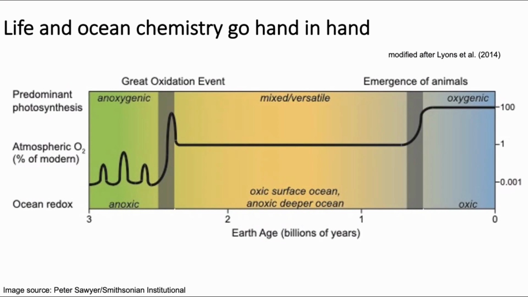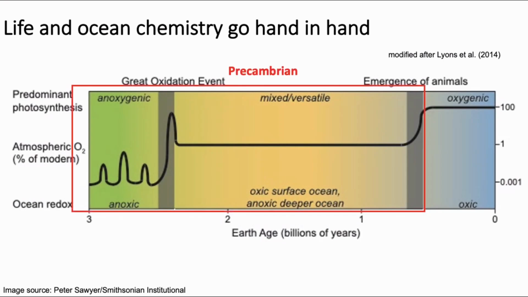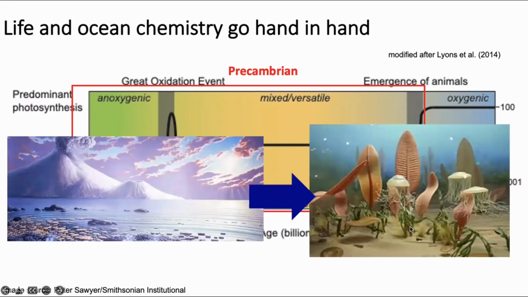To give you some idea of what my interests are, I'm particularly interested in the Precambrian, which is this time period where there's no oxygen to some kind of intermediate stage of oxygen. The reason that I find this so interesting is not just because of the shift in chemistry over time, but also because of the biological evolution that occurred during this time period.